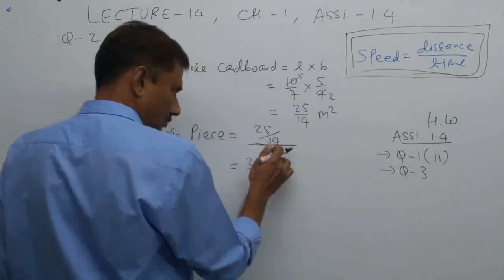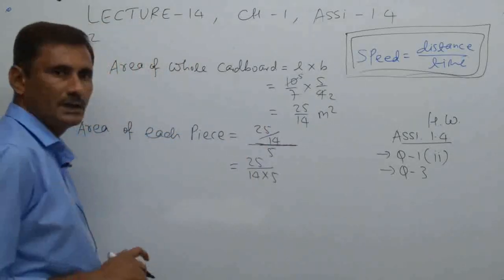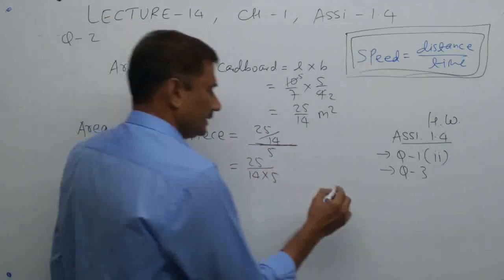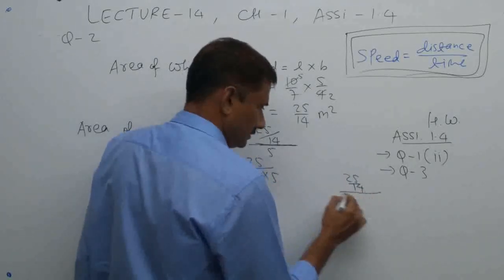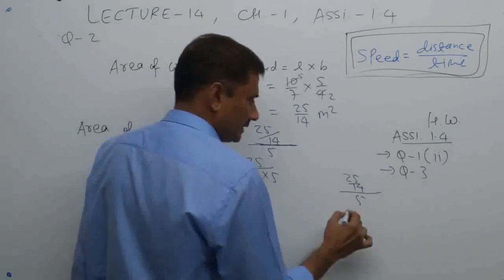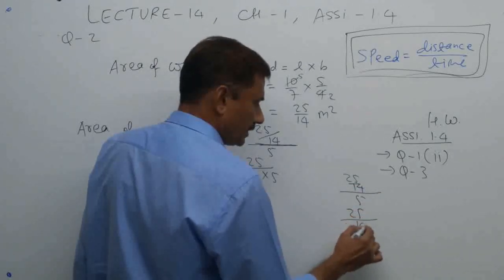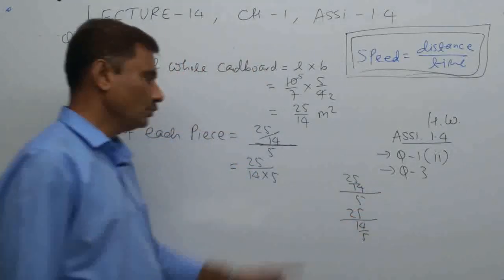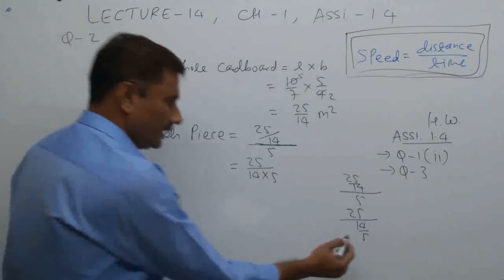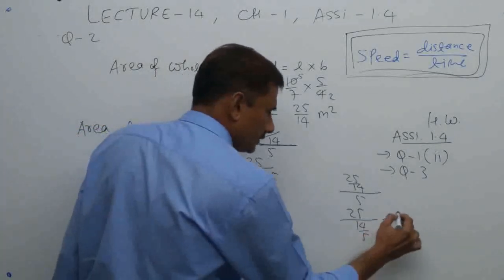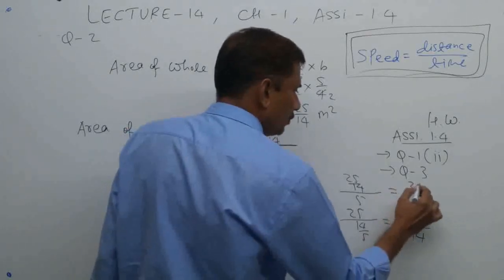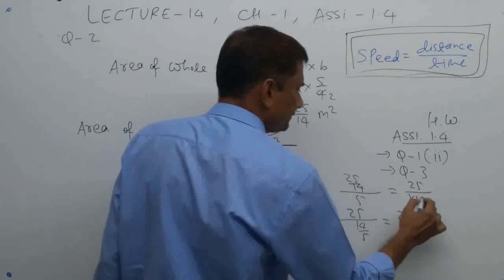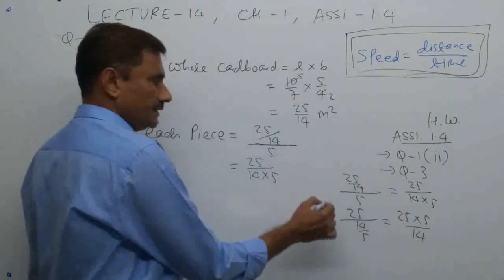Don't convert that one there, because these are different things. 25 upon 14 upon 5 is different from 25 upon 14 by 5. Here the denominator comes to the numerator, so it will be 25 into 5 upon 14, but here both denominators come together. Understand the difference between both.